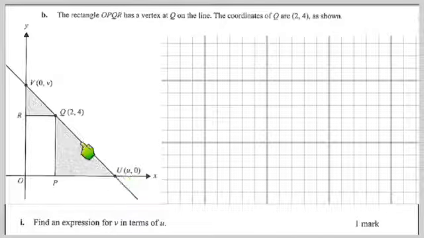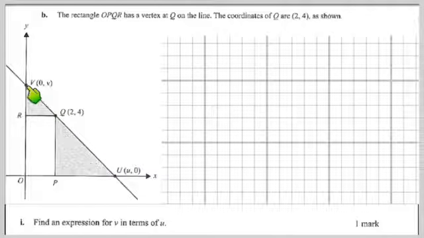Now, just feasting your eyes on that for a while, there's got to be a connection between V and U. And after reflecting on it for a few seconds, I think it's clear that the gradient is going to be the connection, because the gradient of here to here is the same as the gradient of here to here.